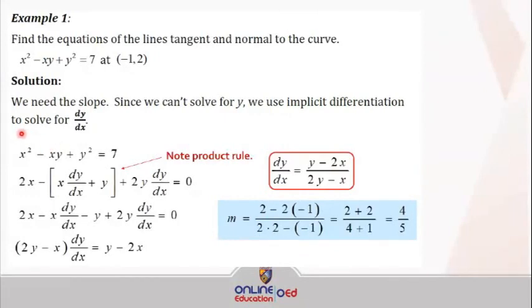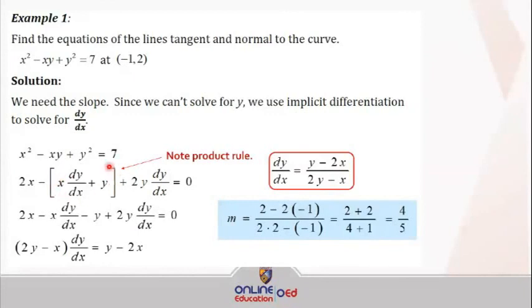Ayan. So, kanina, may mga differentiation or derivation tayong ginagawa. Same lang din dito. We have for the x squared, derivation nito is we have the 2x. And then for the xy natin is we have yung x and then dy over dx and then plus y natin. And then for the y squared, we have naman dito yung 2y dy over dx.